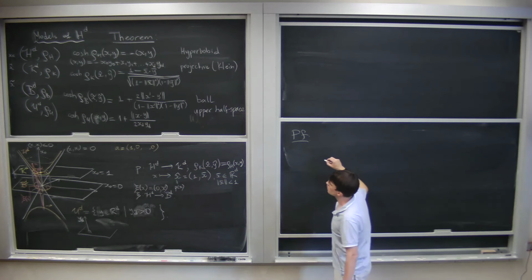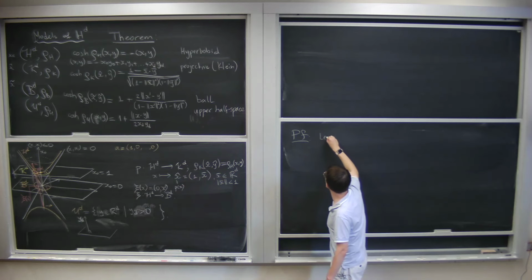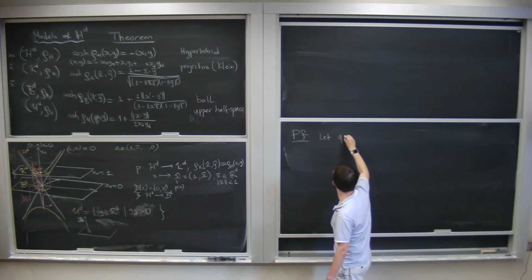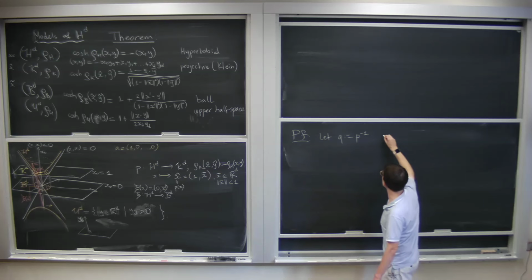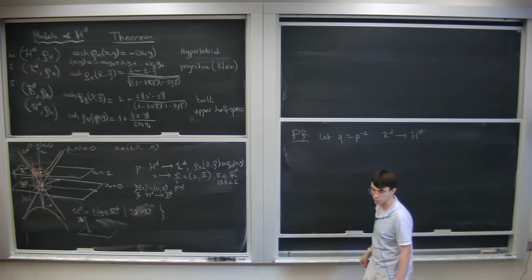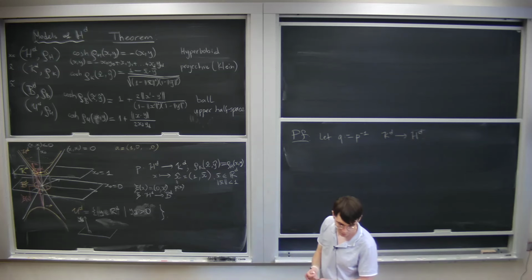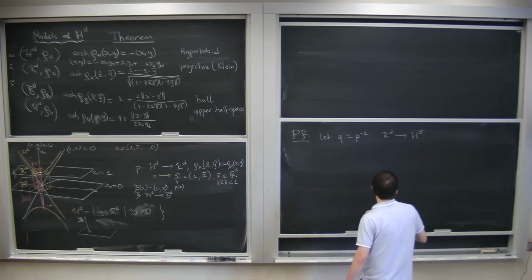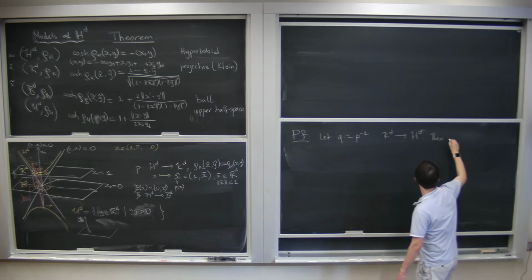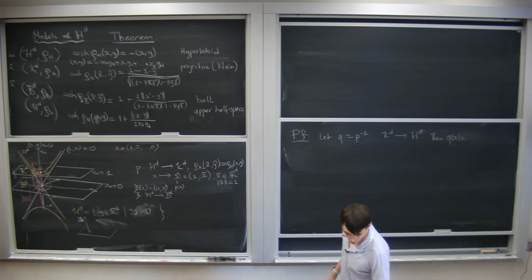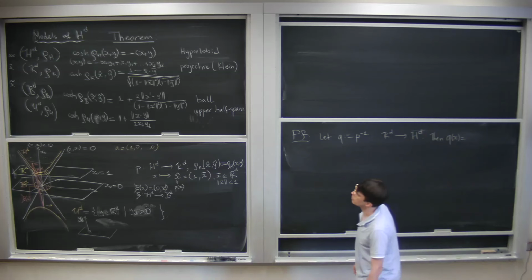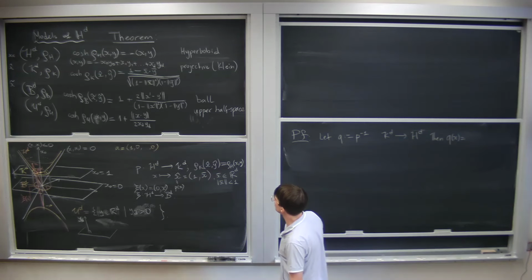Let us write: let Q be the P inverse, from K^d to H^d. Then I'm going to write down the formula. So then Q of X can be simply written as follows. How we denoted the point.